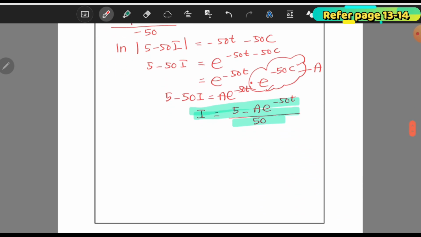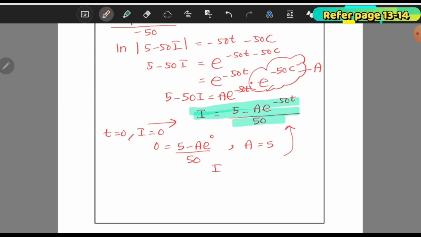Next, given at the beginning, when t is 0, the current is also 0, isn't it? So we can substitute here. t is 0, current i is 0. Therefore, we have 0 equal to 5 minus a exponent 0 divided by 50. And a will be 5. So we substitute again.